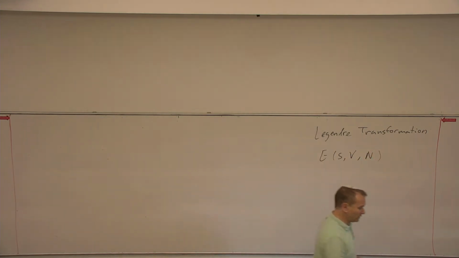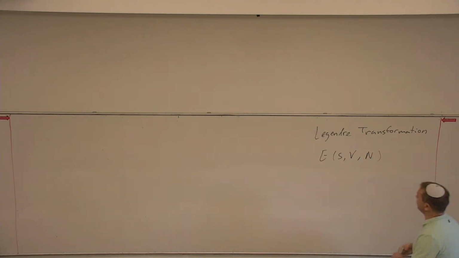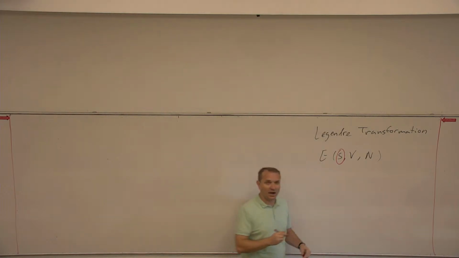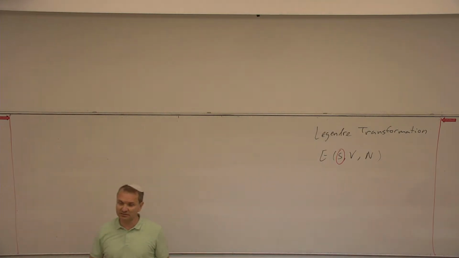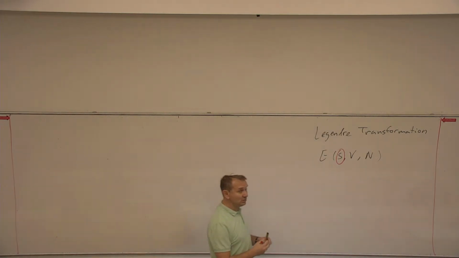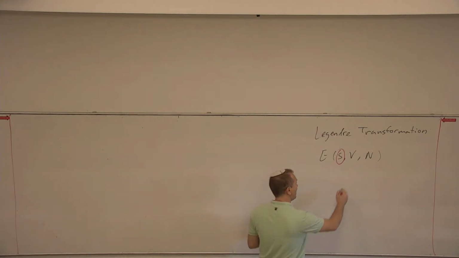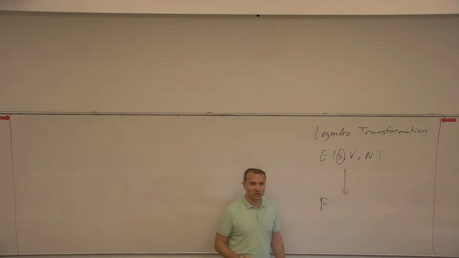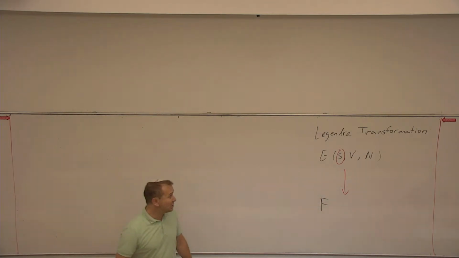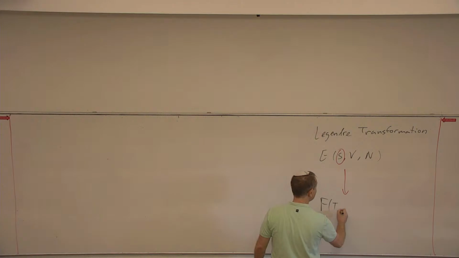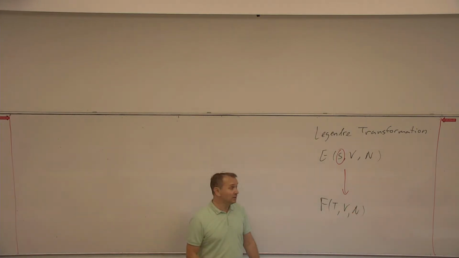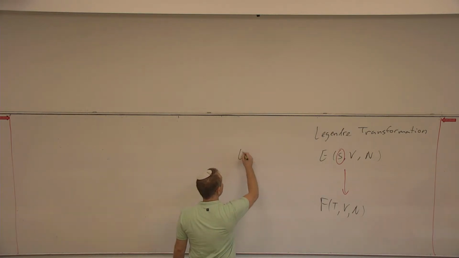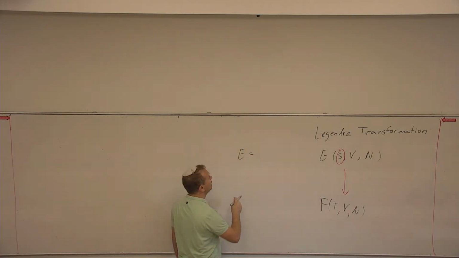The idea was, I don't really want to look at the entropy. I want to change my generalized variable, for example, to temperature, and how it's achieved. The appropriate function is the Helmholtz free energy, which is a function of temperature, volume, and the number of particles. And what we have done, we performed the following transformation.